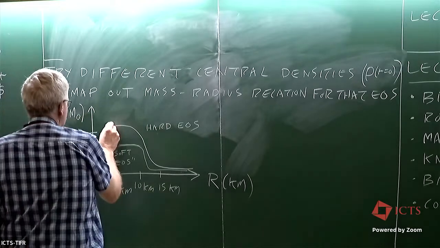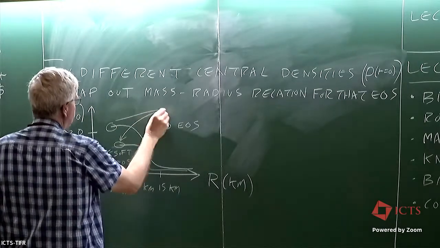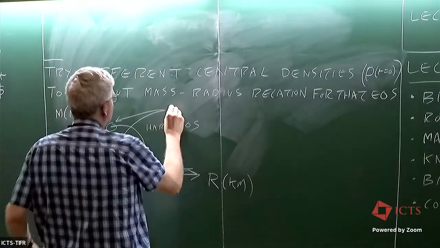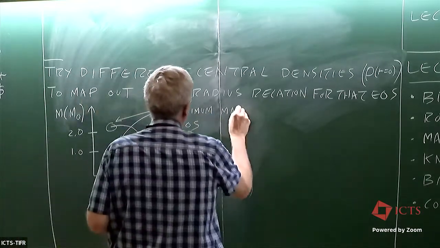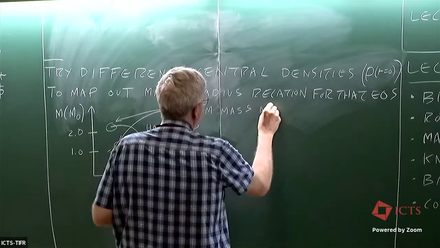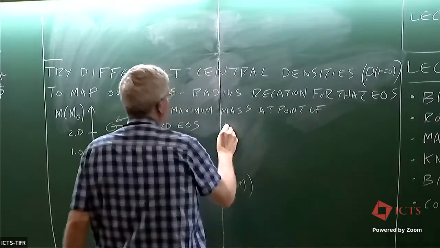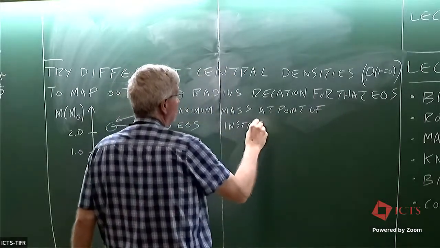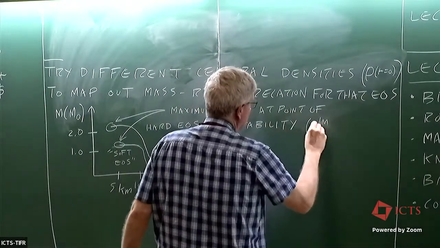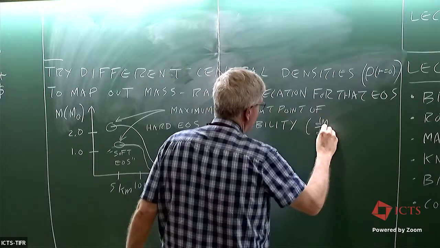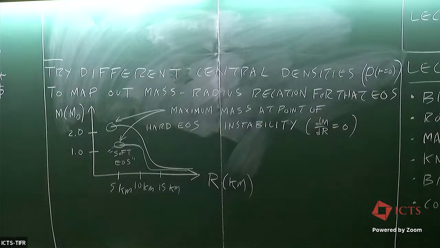So these endpoints correspond to the maximum mass at the point of instability, namely where dM/dR is equal to 0. Okay, so that's a crude diagram.